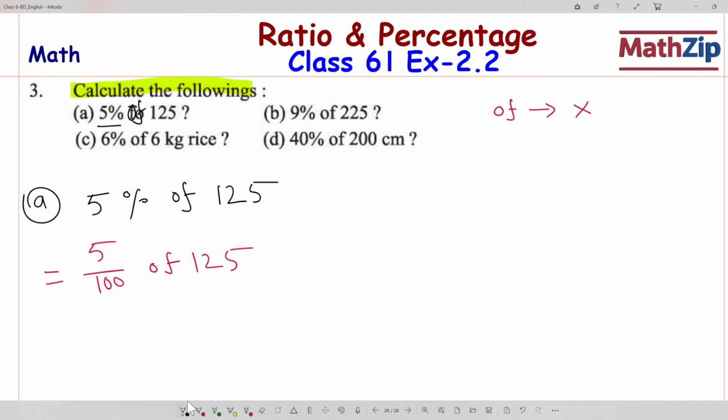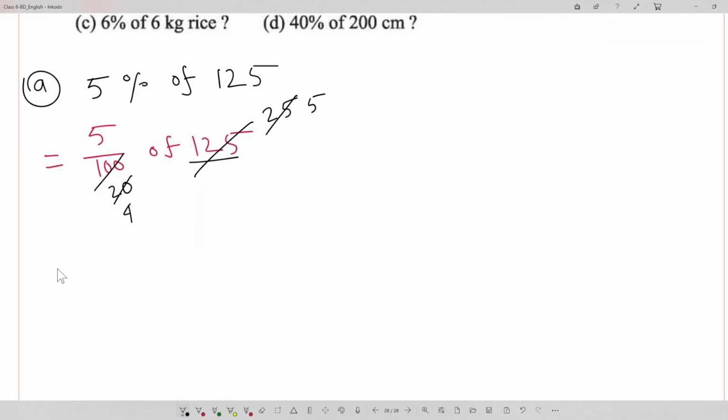In this case 125 is a numerator and 100 is the denominator. We can divide by 5. 100 divided by 5 is 20, and 125 divided by 5 is 25. Then we can divide again. 20 divided by 5 is 4, and 25 divided by 5 is 5, right? So what will be the answer? 5 times 5 is 25, divided by 4.